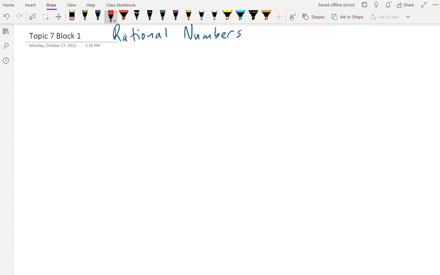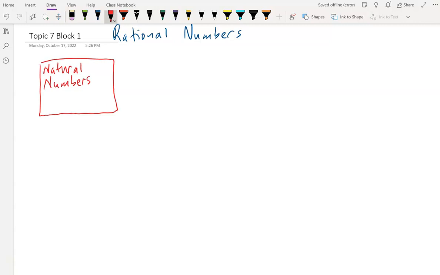To understand rational numbers, we have to start with the smaller subgroups. First of all, let's talk about natural numbers. So I'm going to make a box. Draw a box in your notes in the top left-hand corner, and we're going to call this the natural numbers box. All numbers in this box are natural numbers.